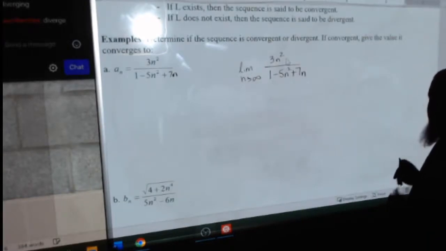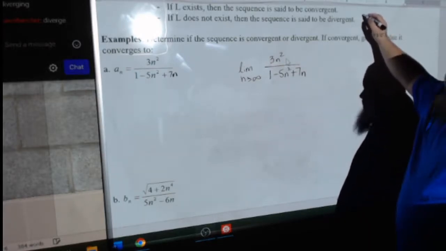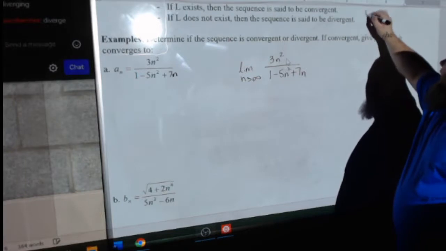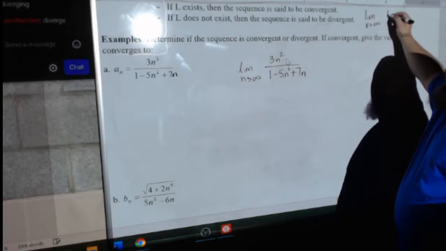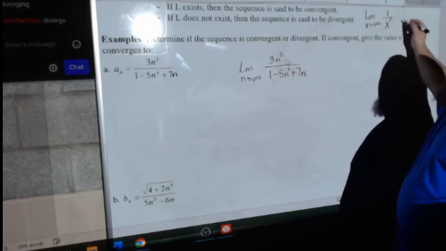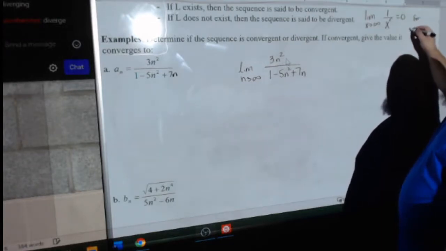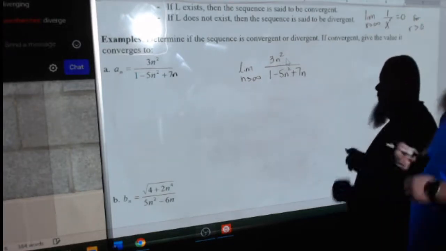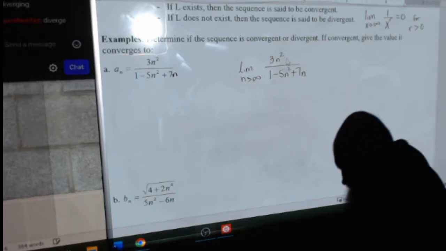If you recall, in Calc 1, there is a special little thing you may remember. It says that the limit as x approaches infinity of 1 over x to any number r equals 0. But this is only for r greater than 0. Now we're going to need that fact to be able to solve the limit that we're looking at.